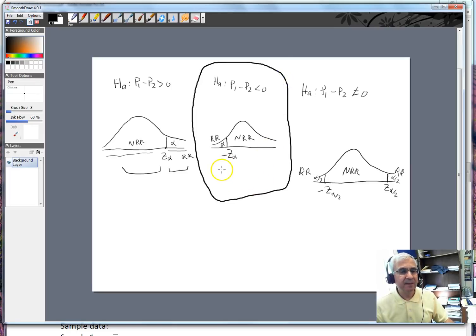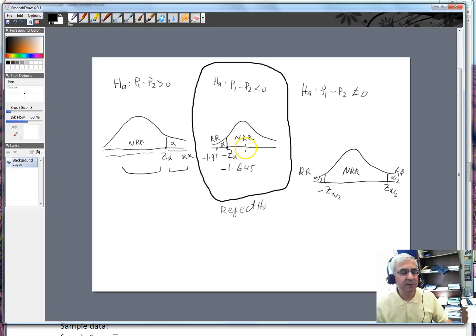My Z alpha is negative 1.645, which is this value here. And my Z is down here because it's negative 1.91. So this is less than this, so it falls in the rejection region on this side, and therefore our decision would be to reject H0.